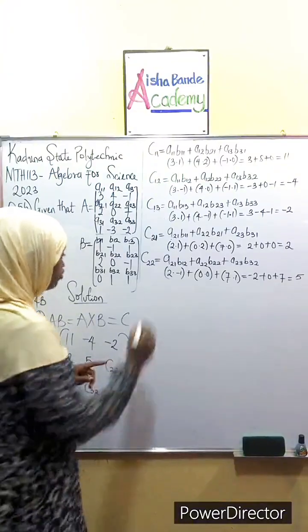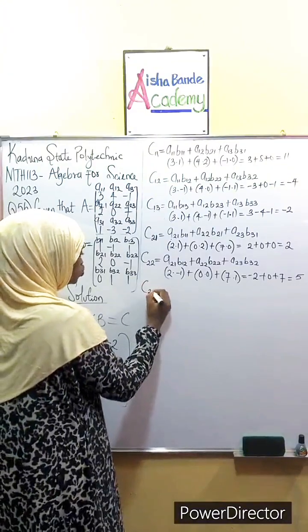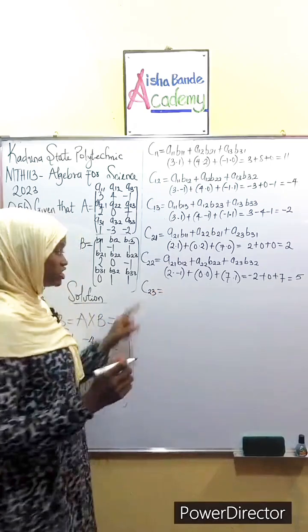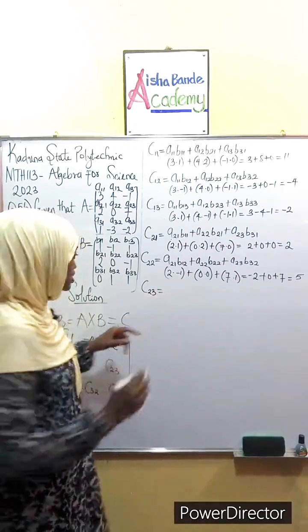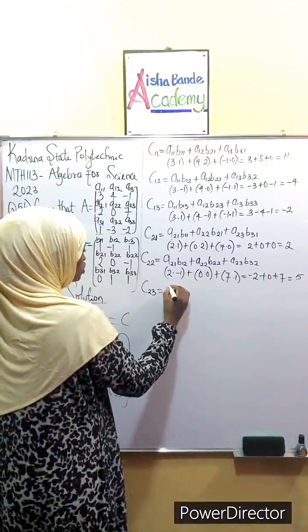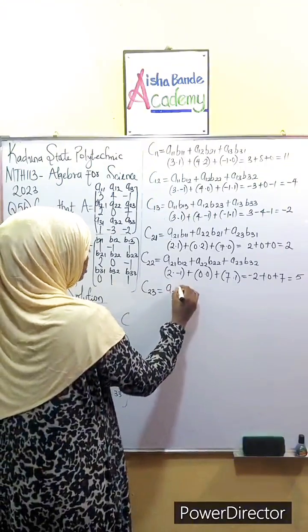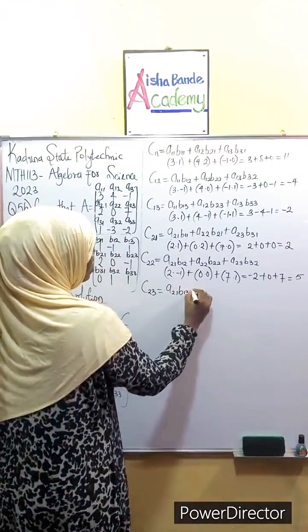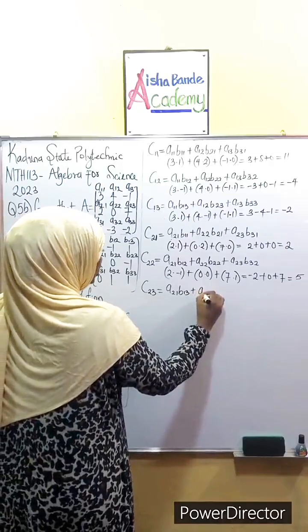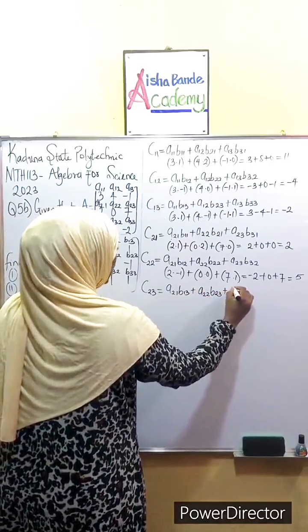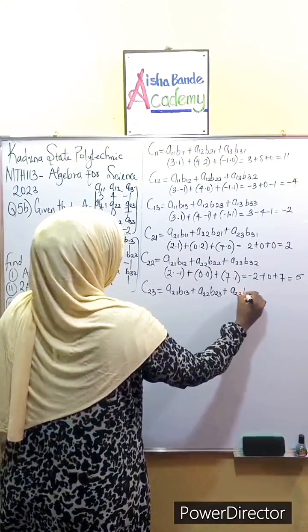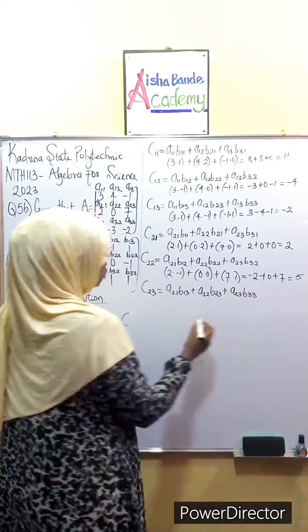Okay, so moving on to the next one, which is C23. C23 means second row on matrix A, third column on matrix B. So let's continue. So this is going to be A21 then B13 plus A22 B23 plus A23 B33. So let's substitute.